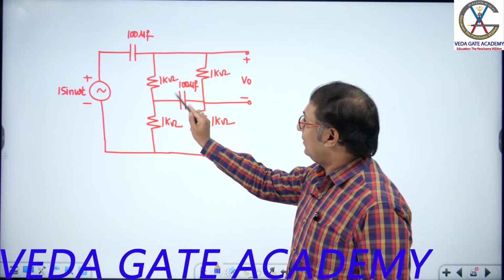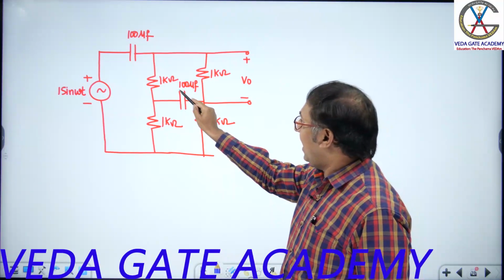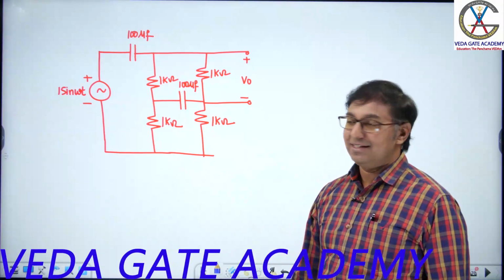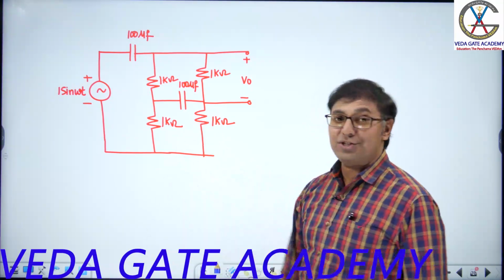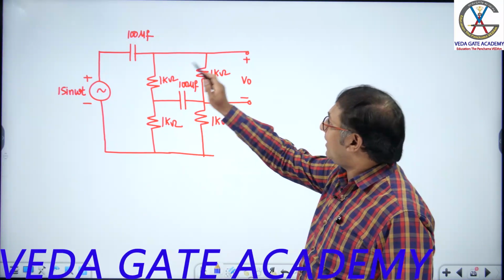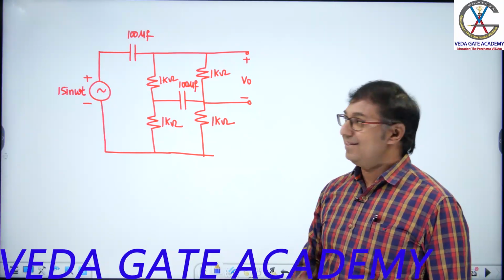If omega is given, we have to convert delta to star, find total current, then use current division. You will take 1 day's time.